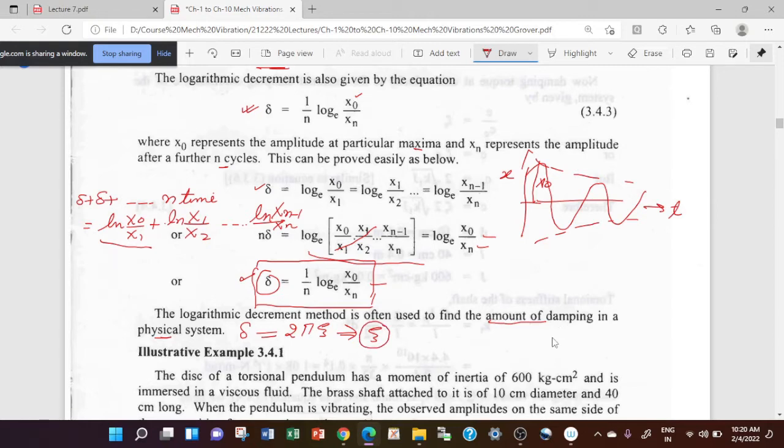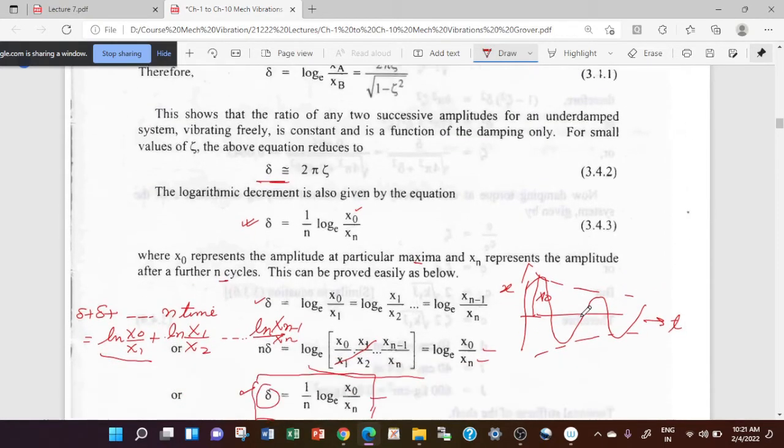So in that way, the amount of damping present can be found out on a real displacement curve for a given system. Now here, for a damping system, we have one term that is known as overshoot.